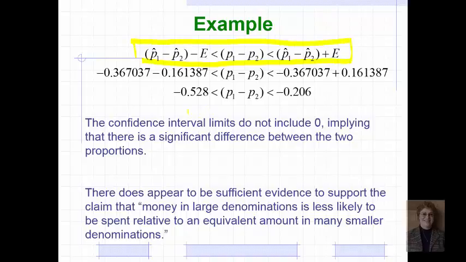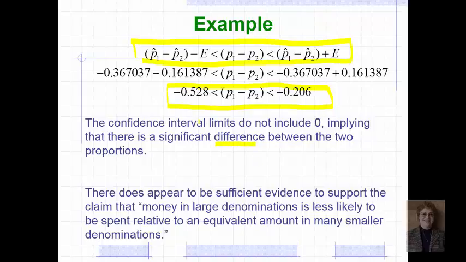And so we get that our confidence interval is between a negative 0.528 and a negative 0.206. Notice that 0 is not in there. So this does imply that there is a difference between the two proportions.